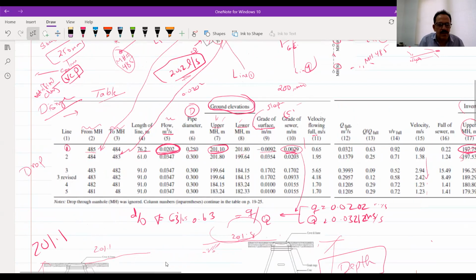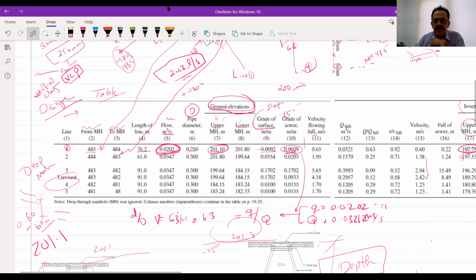Drop manholes come when we have a difference between the in and the out of more than 0.60 meter or 60 centimeters. If the drop is more than 60 centimeters, then we have to revise the manholes and go through the other points one by one.